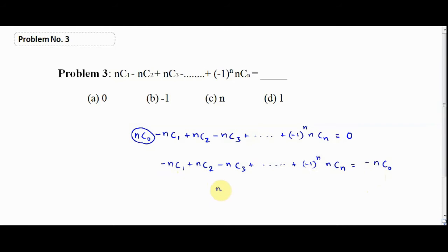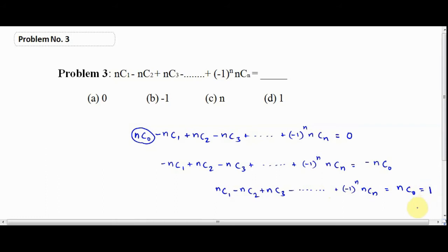What we get on the left hand side is nC1 − nC2 + nC3 − etc. up to (−1)^n·nCn, and this will be equal to +nC0. nC0 value is 1. Here in the question the expression given is what we have on the left hand side, and its value will be equal to 1. So the right answer is option D, that is 1.